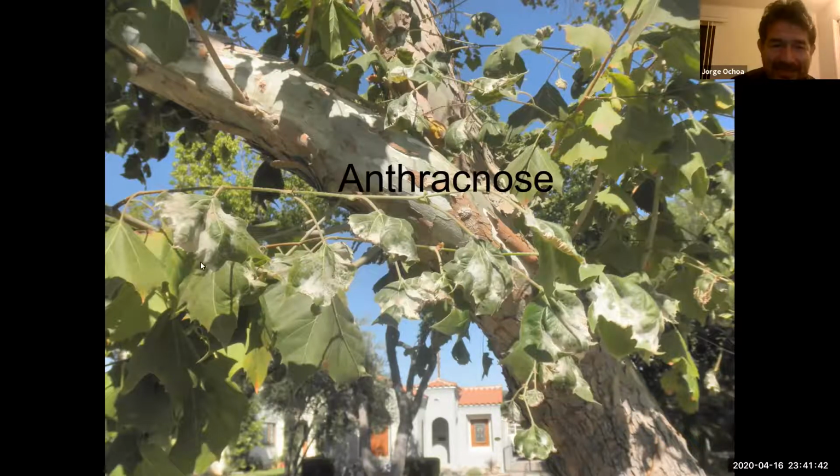You can see some of the damage here, this white structure, and the leaves are beginning to curl, wither away, and then drop off. So is anthracnose detrimental to the tree?